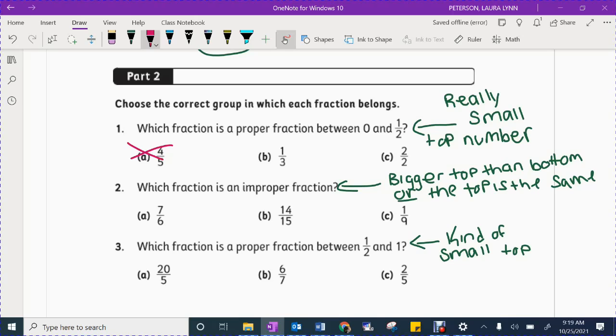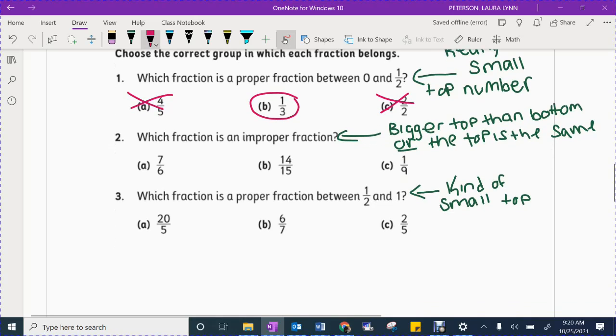B, we have 1 compared to 3. 1 is smaller than 3, and 1 is actually pretty small compared to 3, so this might be my answer. But let's rule out part C, which is 2/2. Well, that's actually improper, so that can't work at all, which automatically means part B is 1/3.